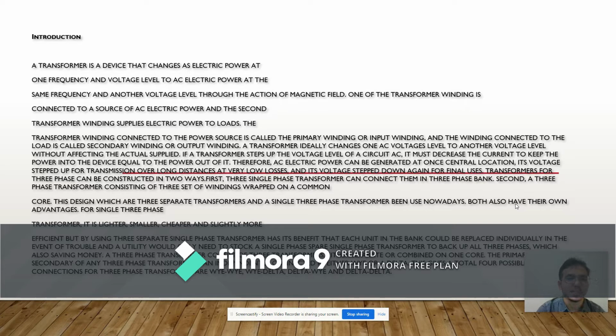Okay, for the introduction, I will read for you. A transformer is a device that changes AC electric power at one frequency and voltage level to AC electric power at the same frequency and another voltage level through the action of a magnetic field.